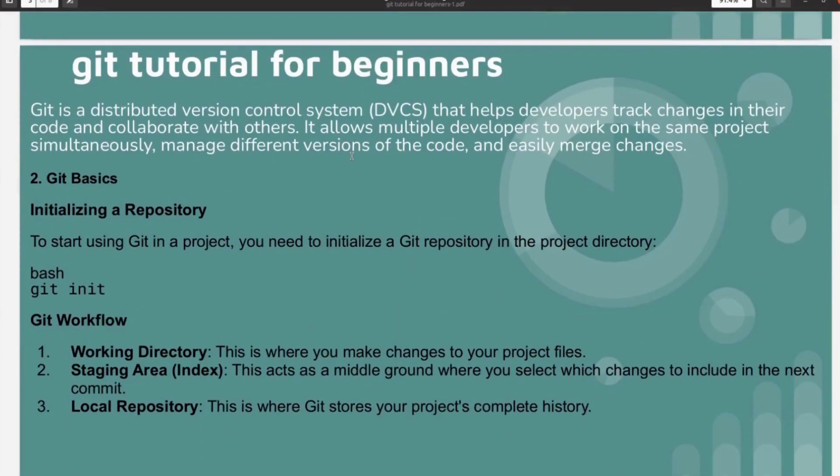So let's go here. It's a distributed version control system, meaning you can write different versions of your application and you can manage your application versions using Git. And it also helps developers work together.